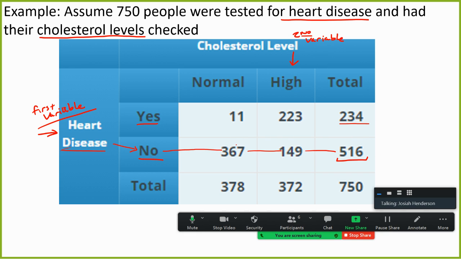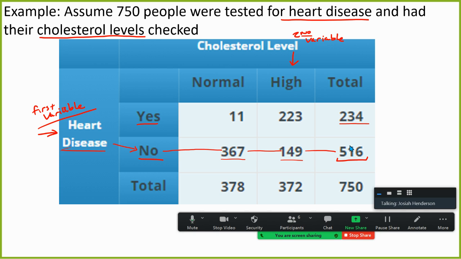So what are the other numbers there for? What is the 367 and the 149 there for? That is breaking that 516 people into two different categories for that second variable. So it's like giving a survey to a bunch of people and having two questions on it.